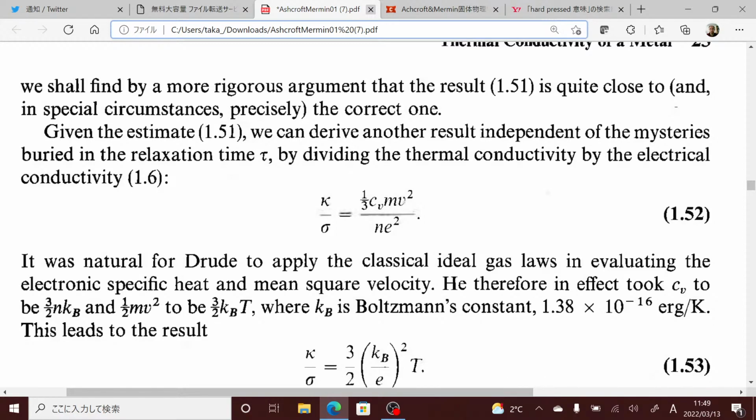Given the estimate 1.51, we can derive another result independent of the mysteries buried in the relaxation time tau by dividing the thermal conductivity by the electrical conductivity.